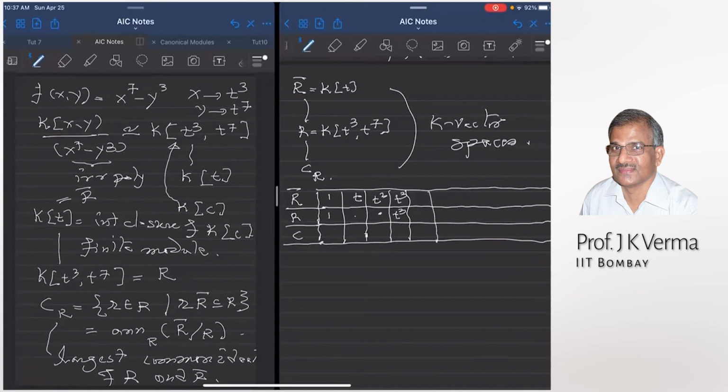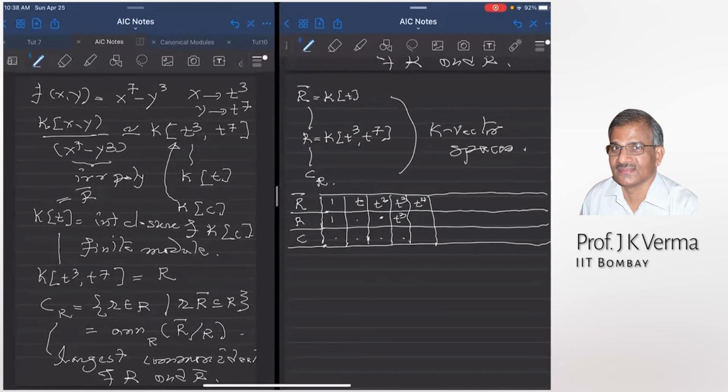Now these powers of t are not in the conductor. T4 is in R bar, is it there in R? No, it is not in R. It is also not in C. T5 is not in R, therefore it is also not in C.